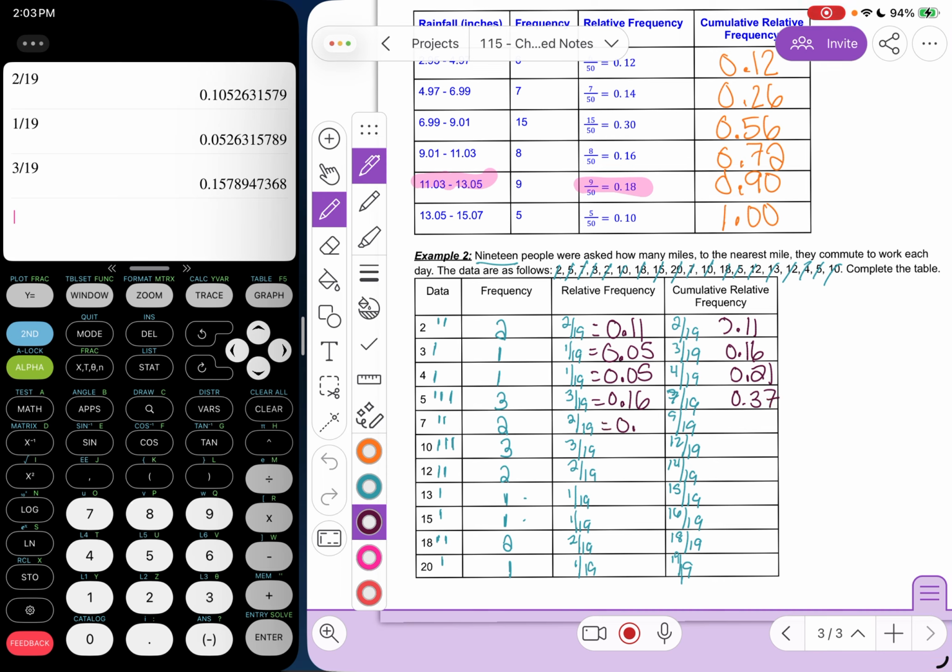We said 2 was 11, so 37, 48. 3 was 16, 48 plus 16 is 64. 2 was 11, so 64, 75. 1 was 5, so 80. 1 was 5, so 85. 2 was 11, so 96.